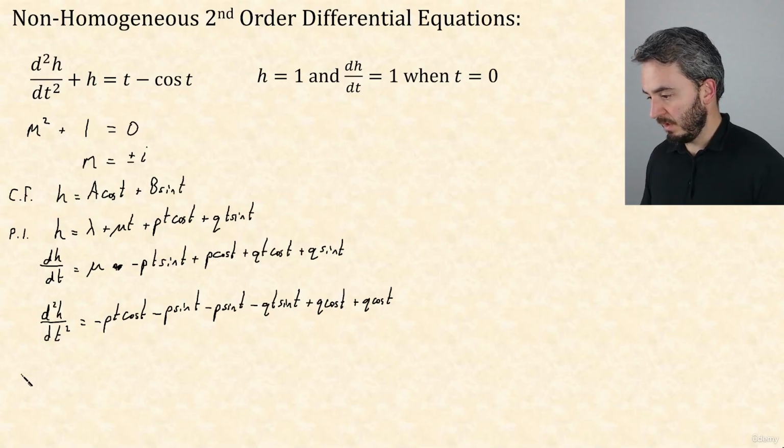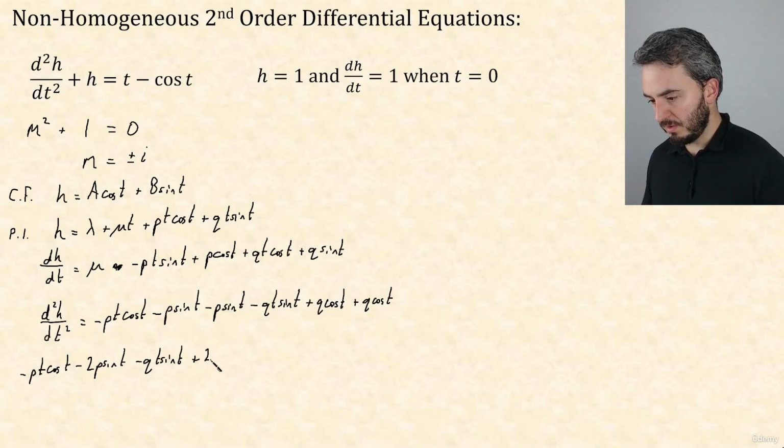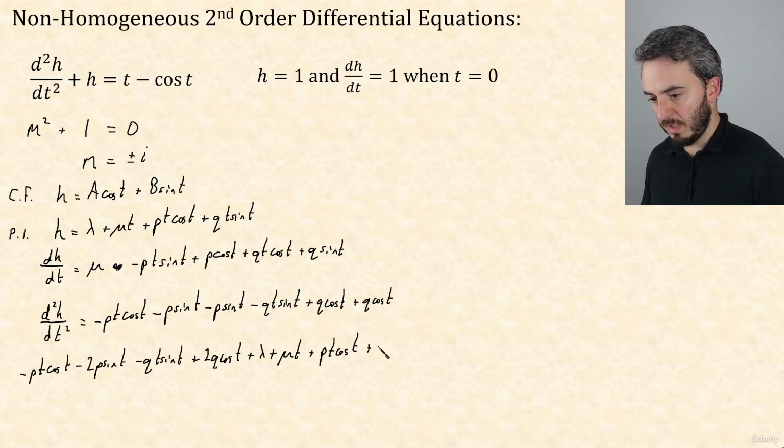So minus p t cos t, then minus 2p sine t, then minus q t sine t, and plus 2q cos t. Then plus the original function, so that's h up here, so that's plus lambda plus mu t plus p t cos t plus q t sine t.